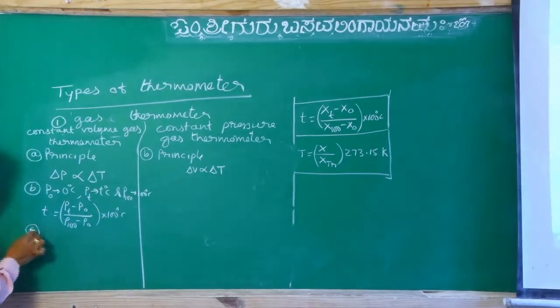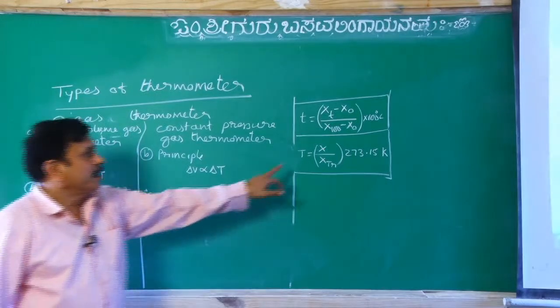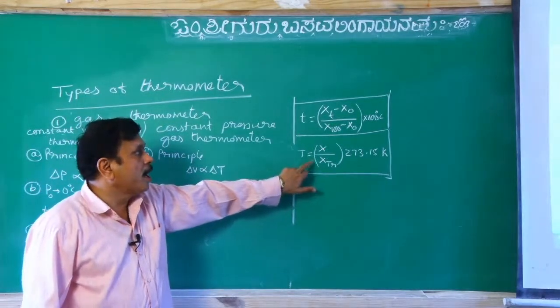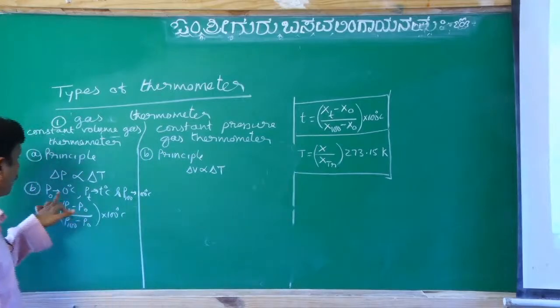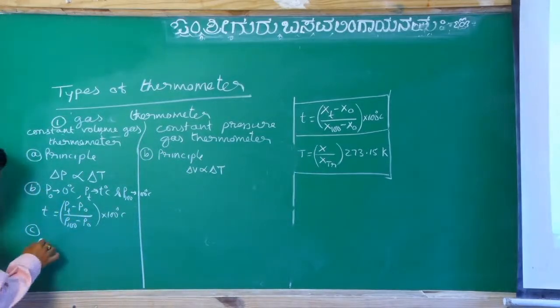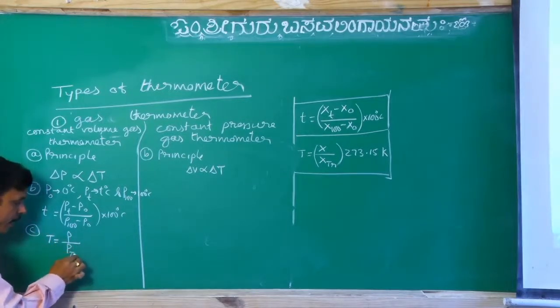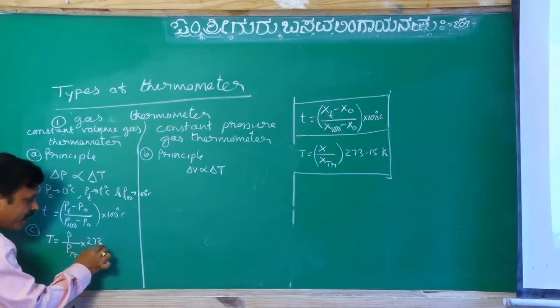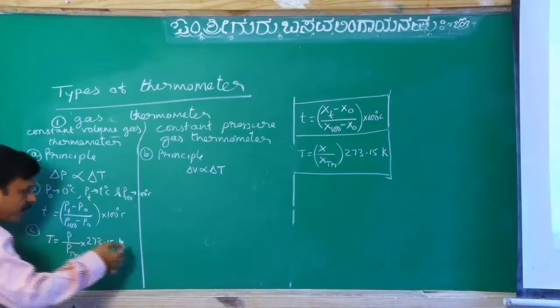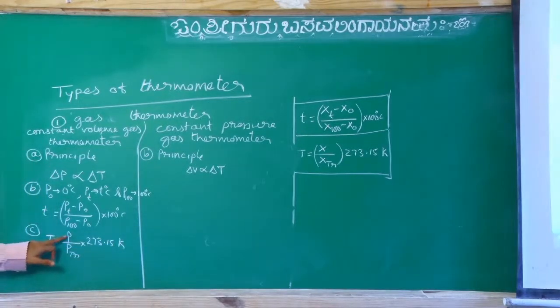Whereas for the second one, in terms of the triple point of water, our variable is P, so we get T equals P divided by PTR, into 273.15 Kelvin. Now this P is nothing but the pressure at T Kelvin.